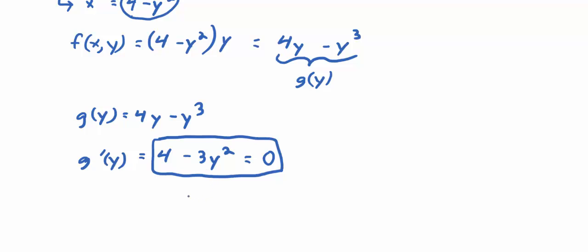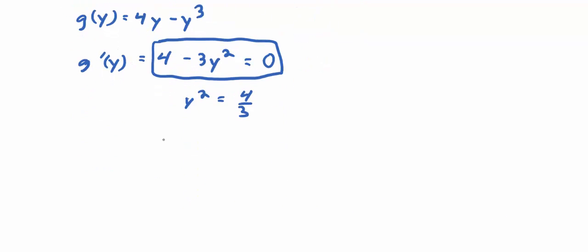So if I do that, I'll get y squared is equal to 4/3 ultimately, which implies, of course, that y is equal to plus or minus 2 over root 3. Now, do I need to consider the minus 2 over root 3?